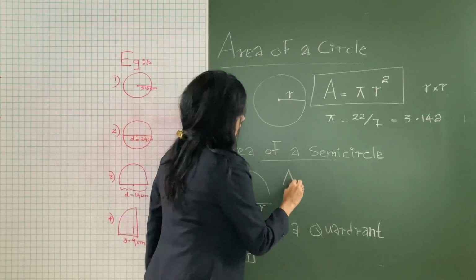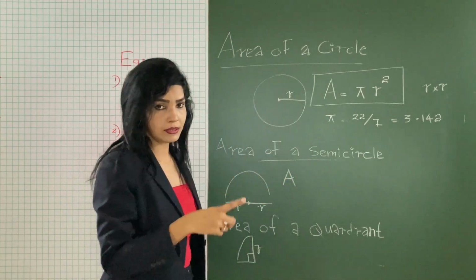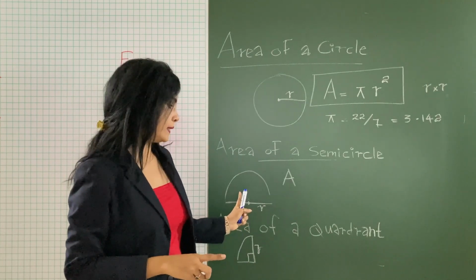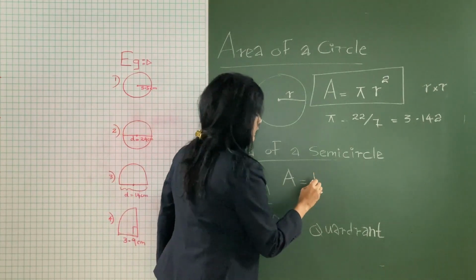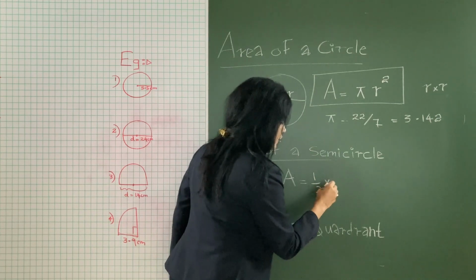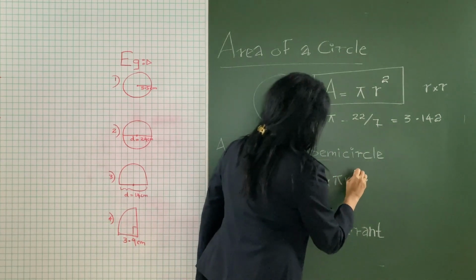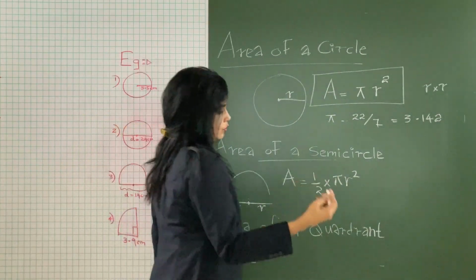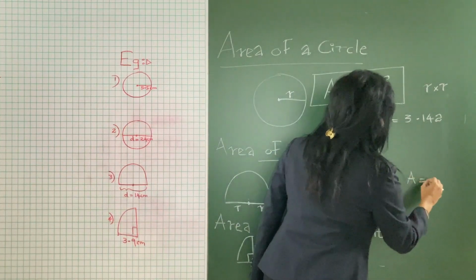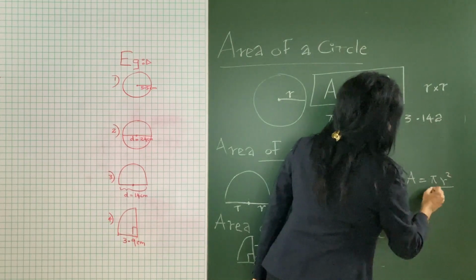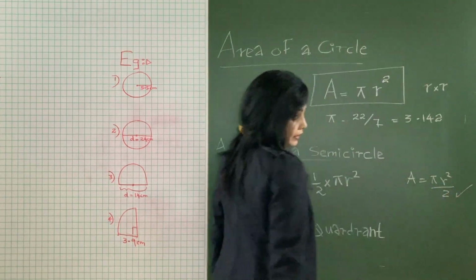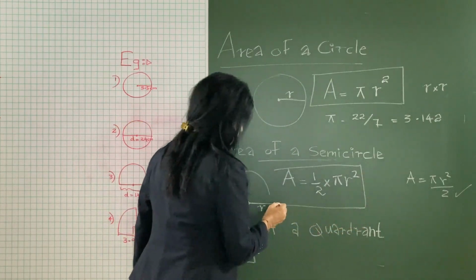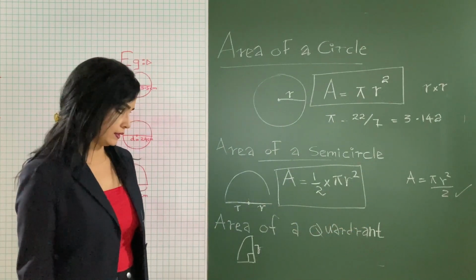So we can assume what the area of a semicircle should be. It is equal to half into pi r square. Okay, half times pi r square. Some students write pi r square divided by 2. This is also correct. Both are correct. So that is the area of a semicircle.